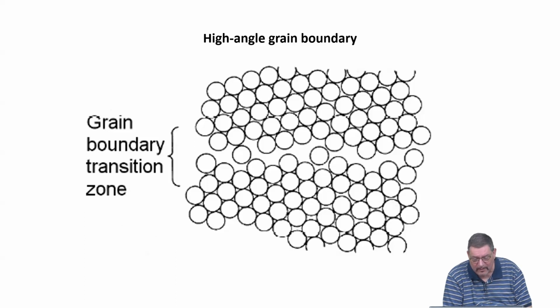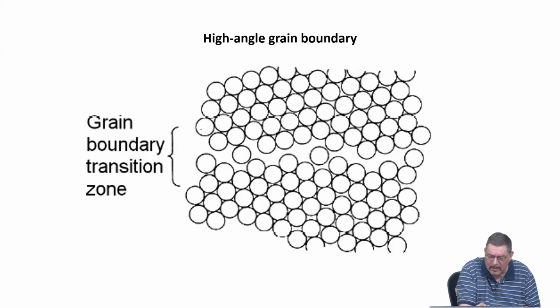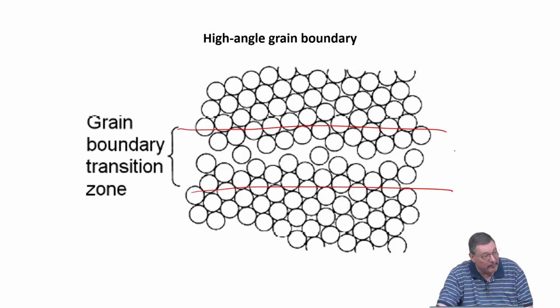This is an artist's view, which actually is a very early computer simulation. Today I would call it an artist's view. And you see there is a grain boundary transition zone, because you could kind of see that in this region a high fraction of atomic positions is not corresponding to the original lattice positions.